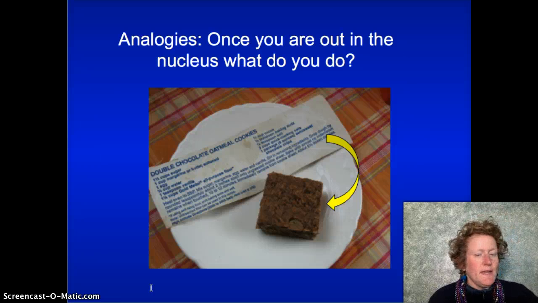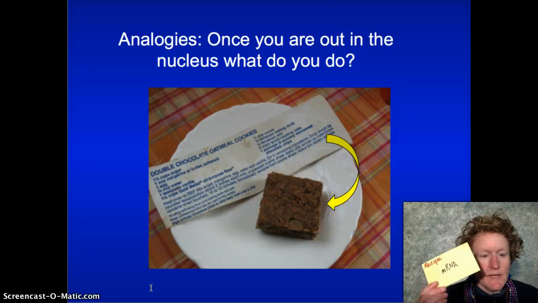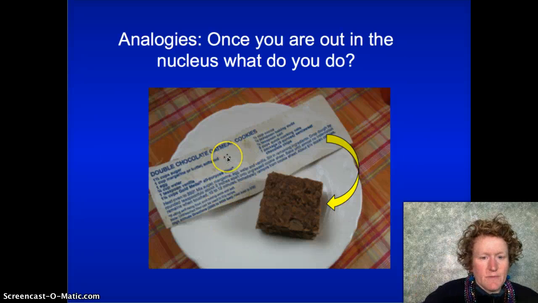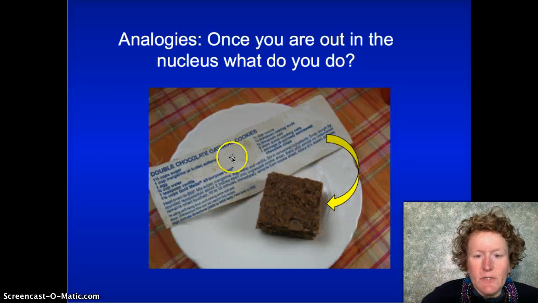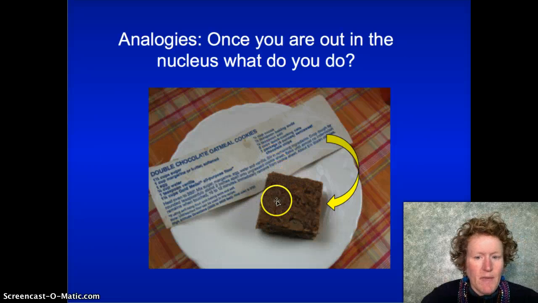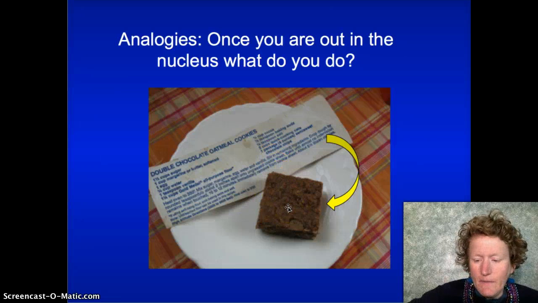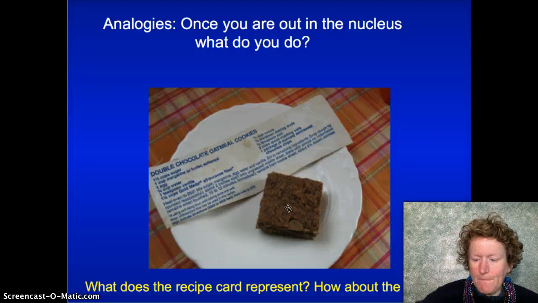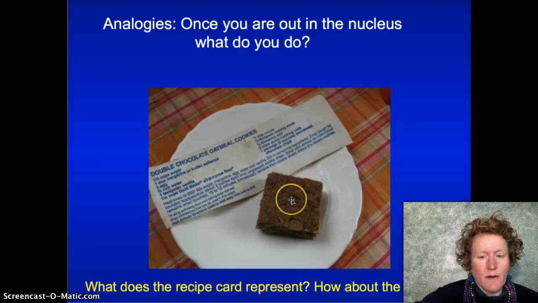Now, if we want to take our recipe card into the kitchen and make something from it, like I've done right here, here's my recipe for chocolate double chocolate oatmeal cookies and I made a cookie out of it, that's where I translate the recipe. And this cookie here would be the protein.